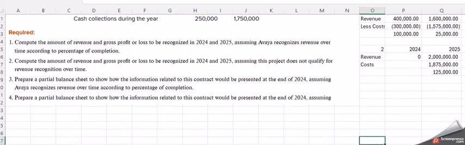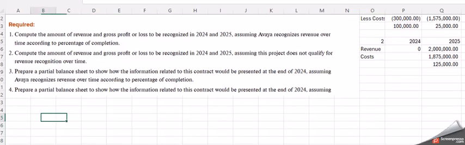Okay, then we'll come down below for the third one. So number 3 says prepare the partial balance sheet to show how the information related to this contract would be presented at the end of 2024, assuming that they're recognizing the revenue over time according to the percentage of completion method. So we would have accounts receivable based on what we billed them.